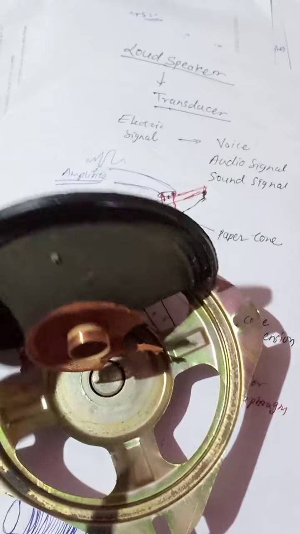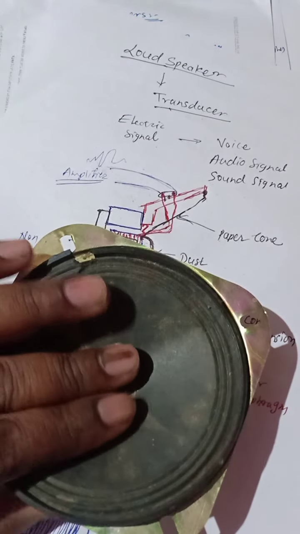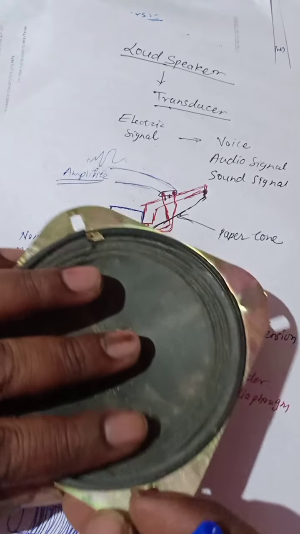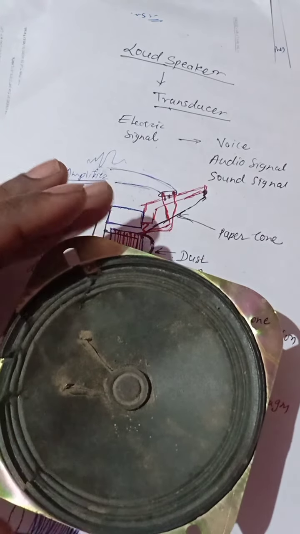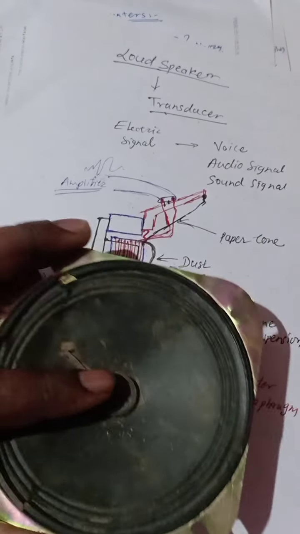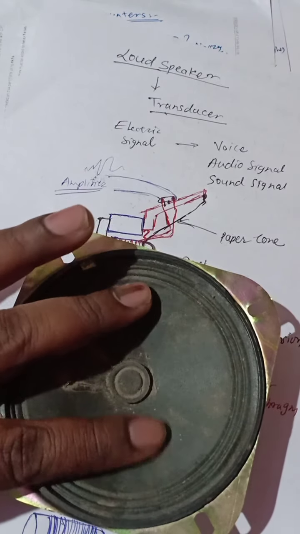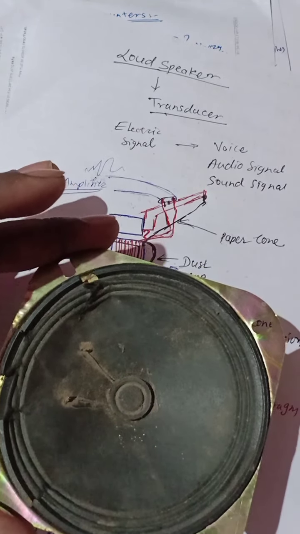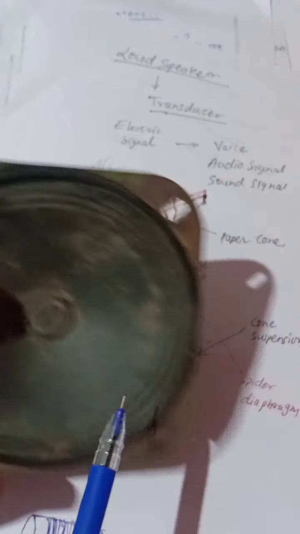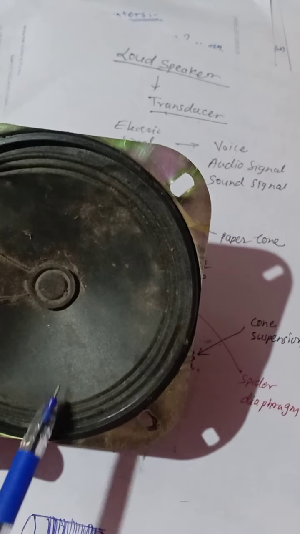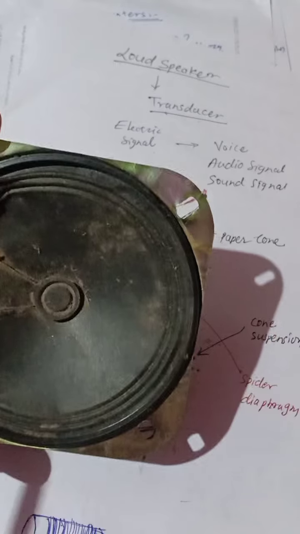If we insert this coil, it fits like this, and if you apply the signal on these two points, it is continuously thrown out and creates the vibration on the diaphragm. That vibration is nothing but the sound produced by the speaker.